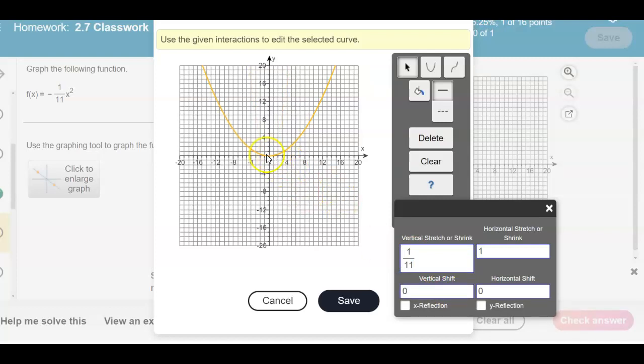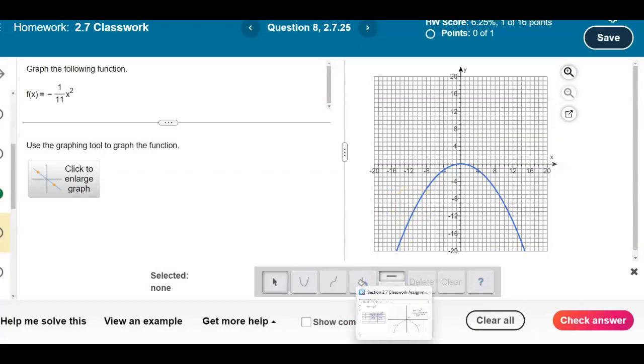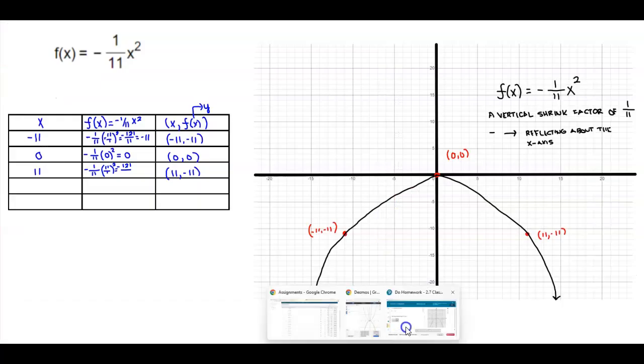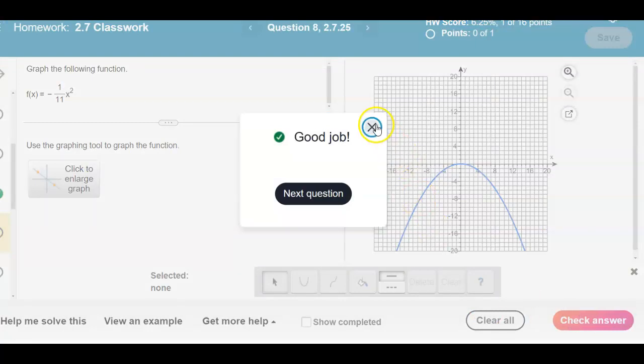You can see now it's looking like that first part, and then it's reflecting, so it's the x reflection. When you check that, it's reflecting about the x-axis. So let's select save. This looks exactly like the graph that we graphed. Let's check our answer, and there's our result.